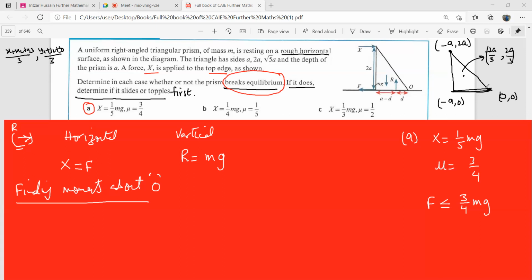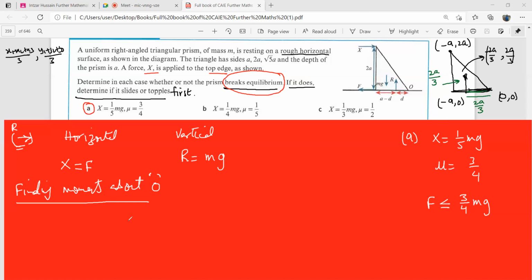So when I have to find these moments, this distance over here is going to be 2a over 3, and this distance is also 2a over 3. Guys, do you agree with this or not? Yes, okay.